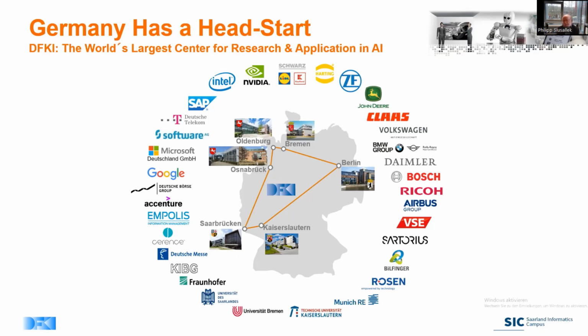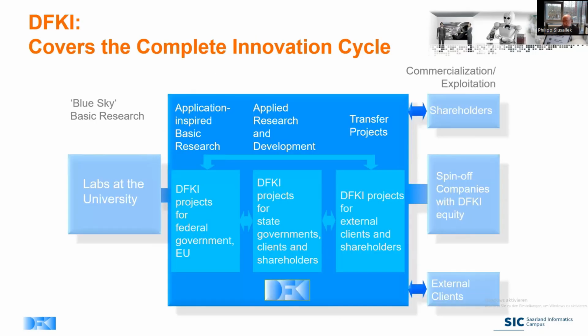That is also the main mission of the DFKI: we take the AI technology and keep further developing that with a focus on the application areas and the transfer to industry. But as you all know, AI is moving extremely fast. So for many of the applications, we actually have to go back and work on what we call application-inspired basic research.